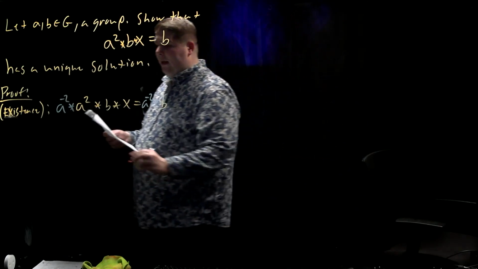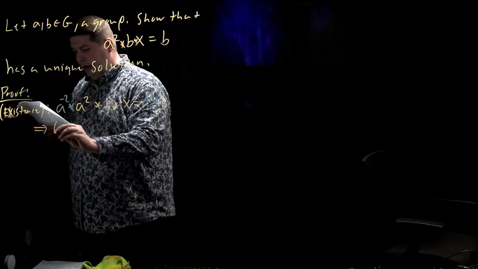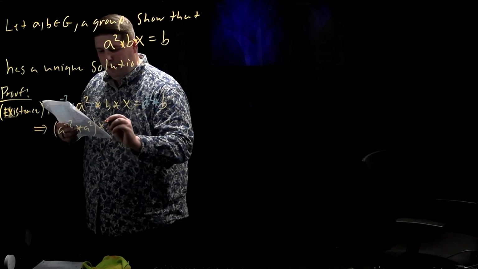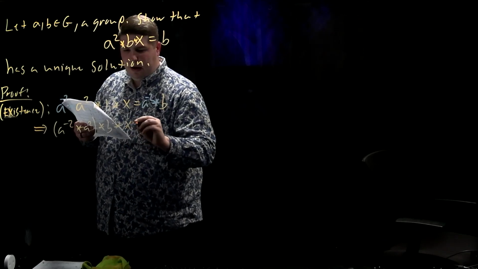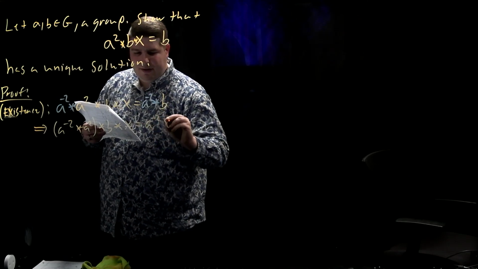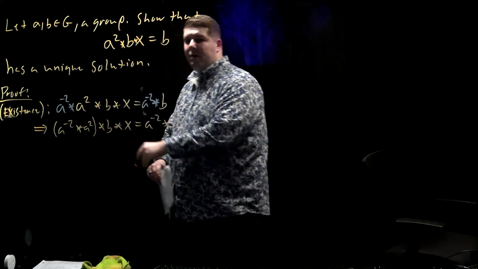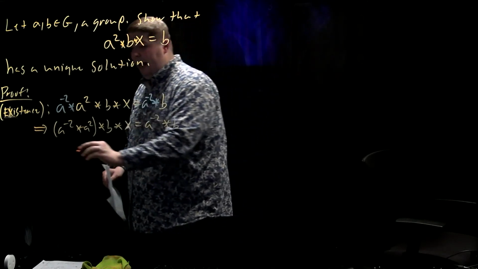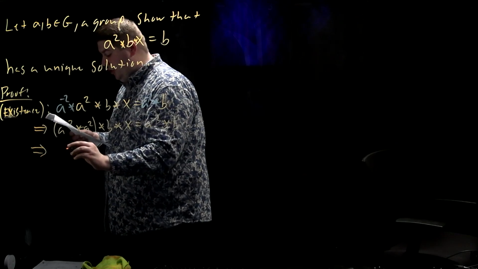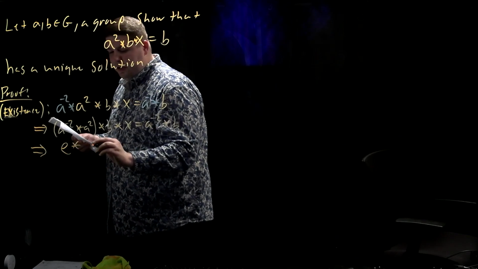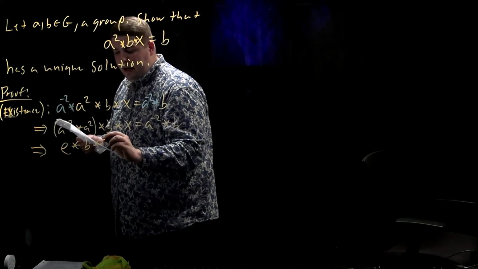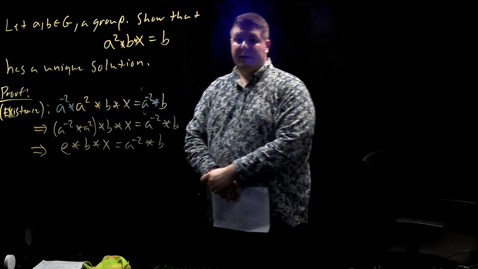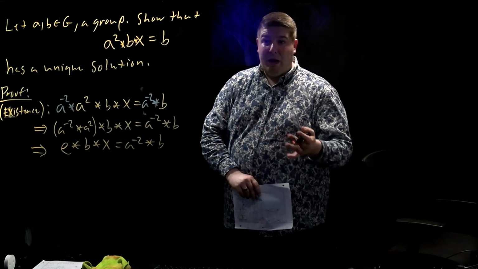Now, what that implies for us is that I have A to the negative 2 operating with A squared, operate with B, operate with X, is equal to A to the negative 2 operated with B. Now, A to the negative 2 times A squared is just the identity element E. So that is E times B times X equals A to the negative 2 times B. Well, what is E operating with B?